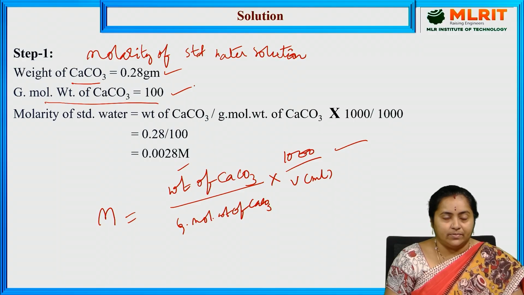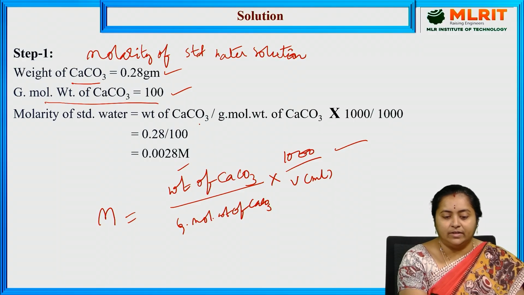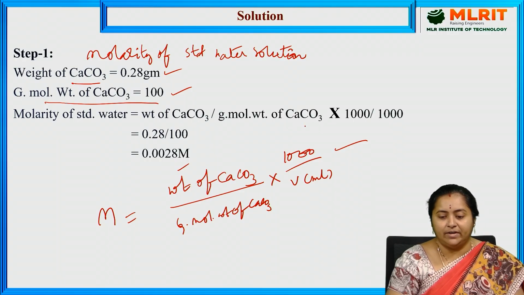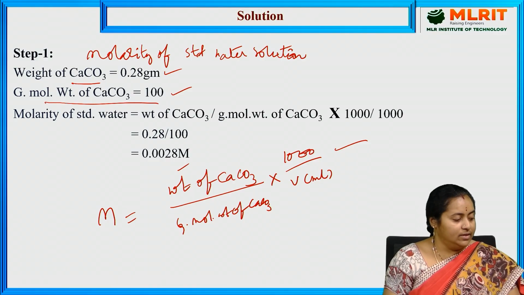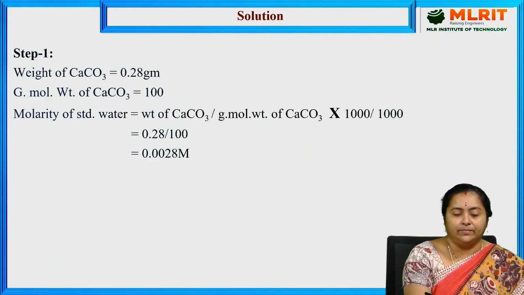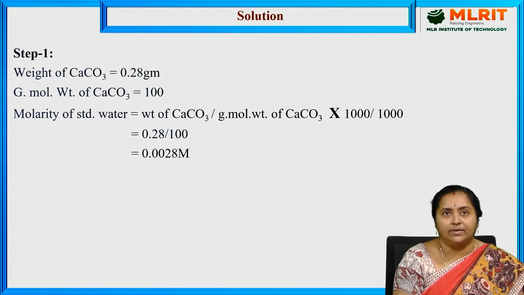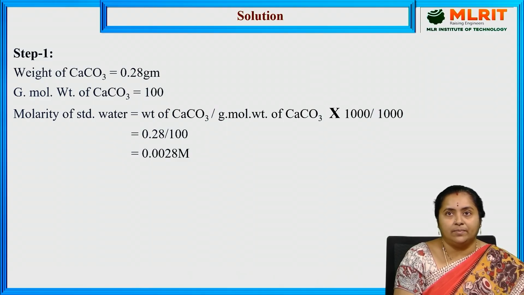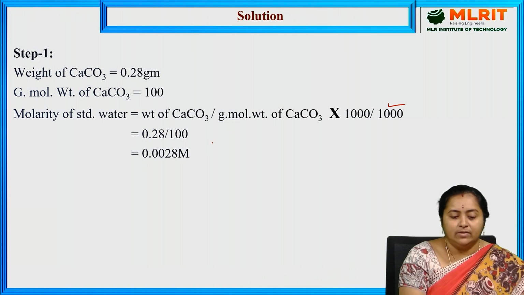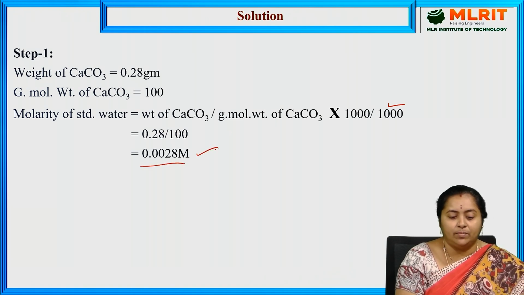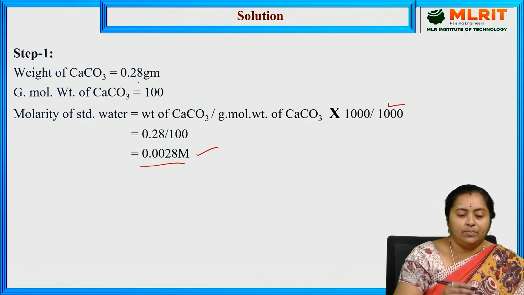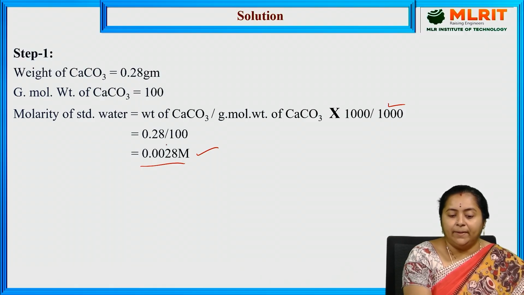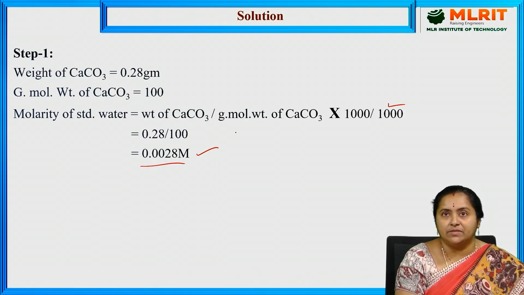Substituting in this formula, weight of calcium carbonate divided by gram molecular weight of calcium carbonate into 1000 by V in milliliters. The V value is 1000 because we prepared the standard water solution using distilled water up to 1 liter. By substituting, we got the answer as 0.0028 M. Weight is 0.28 divided by 100, the gram molecular weight of CaCO3, into 1000 by 1000.